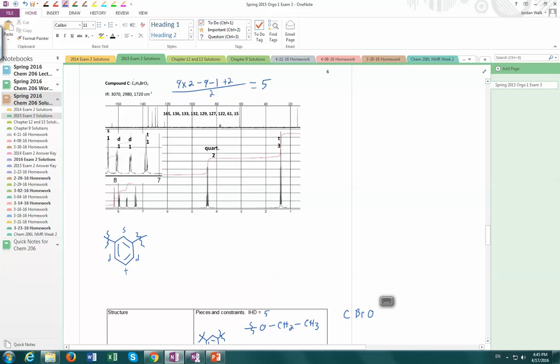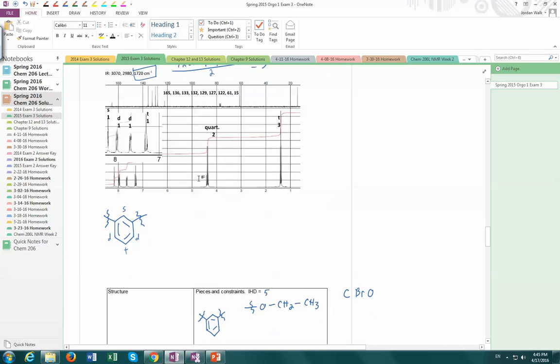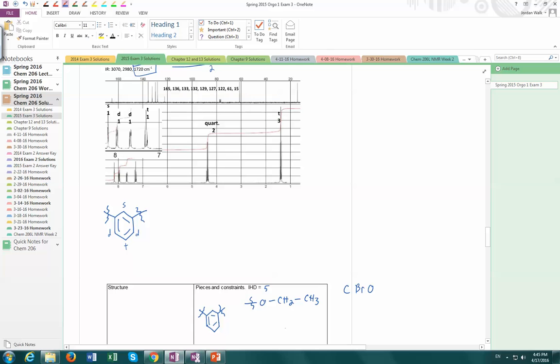And so here, the key clue is a peak at 1720. That's absolutely a carbonyl peak. And so in this case, we'll have that, and then this must be a bromine. I don't know where else our bromine could go.